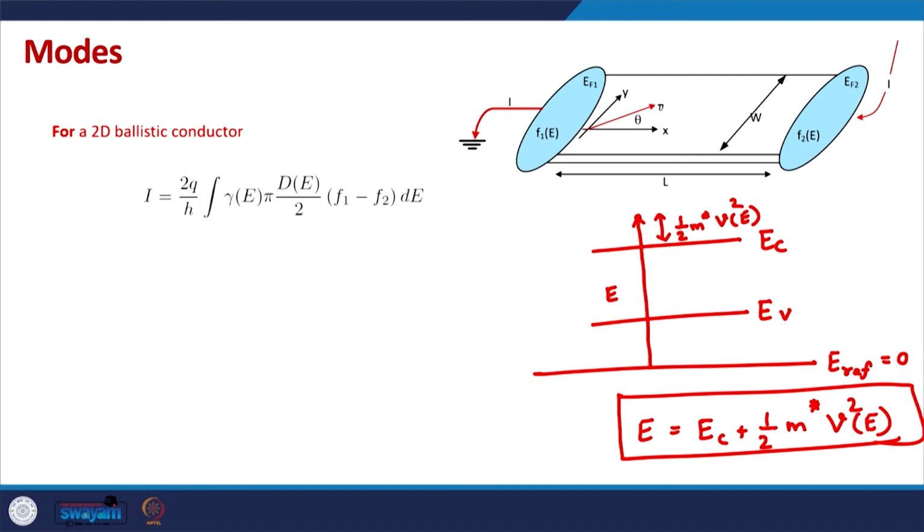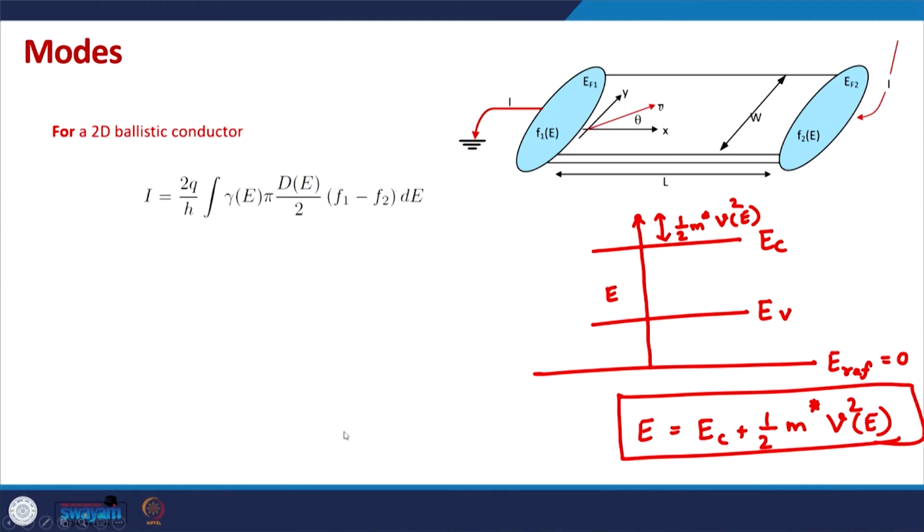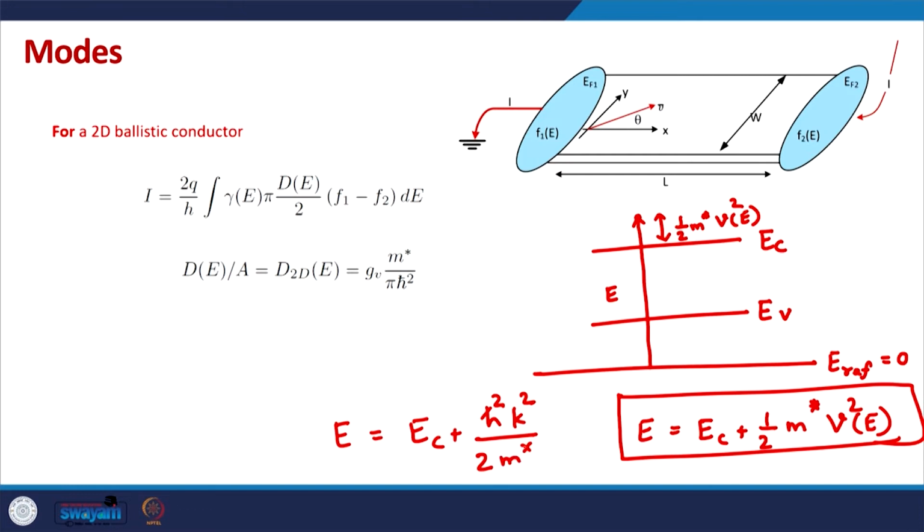Also, as we saw in our previous discussions, in the conduction band, the E-k relationship can be written as E equals Ec plus h bar square k square divided by 2m star. Okay.